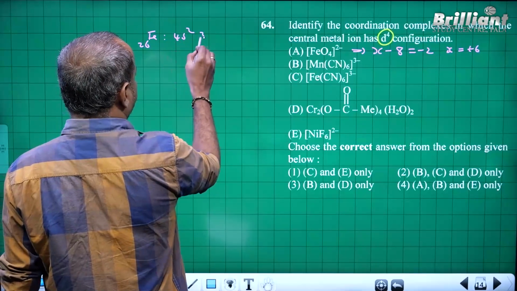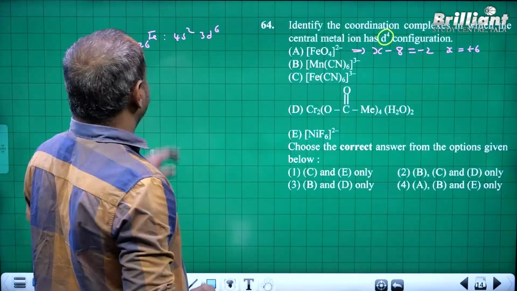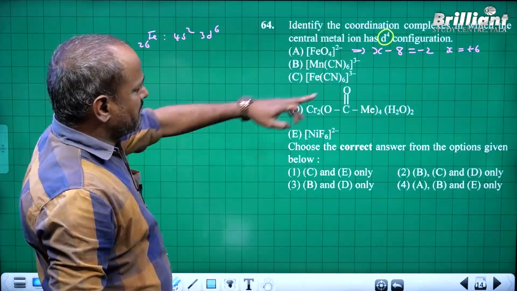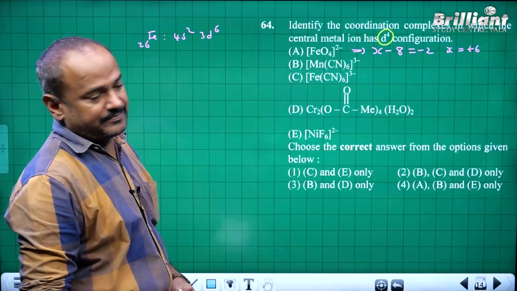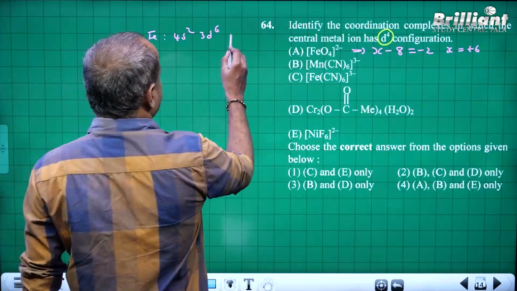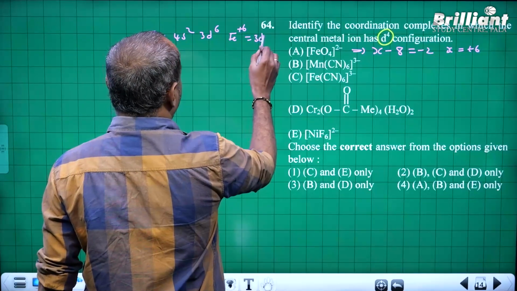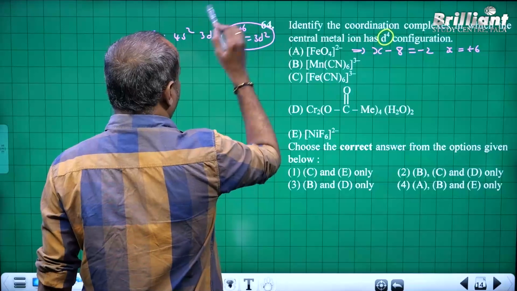4s2, 3d6, 26. Plus 6 means loss of 6 electrons: 2 from s orbital, 4 from d orbital. So Fe plus 6 equal to 3d2. First one.